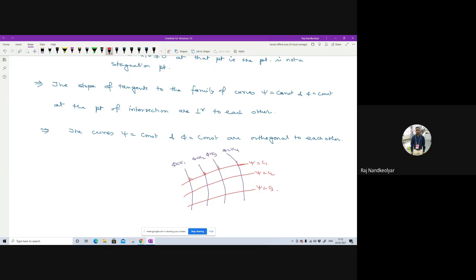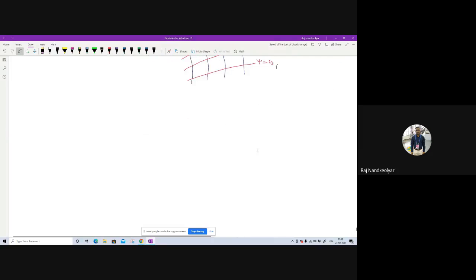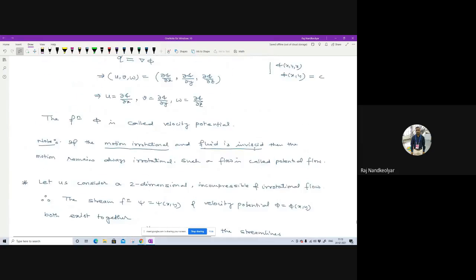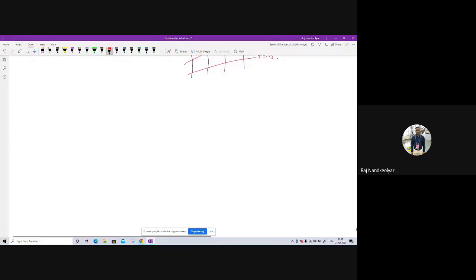and try to note down a very important result. So अगर फ्लो तुम्हारा यही अजम है. So two-dimensional incompressible flow.